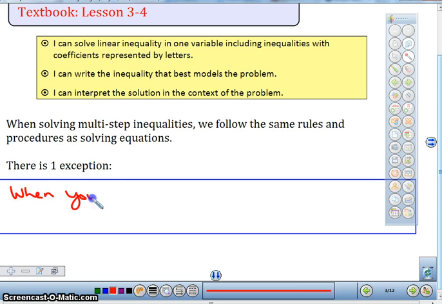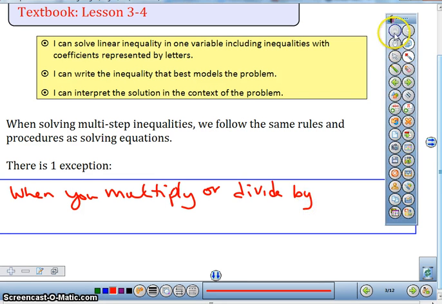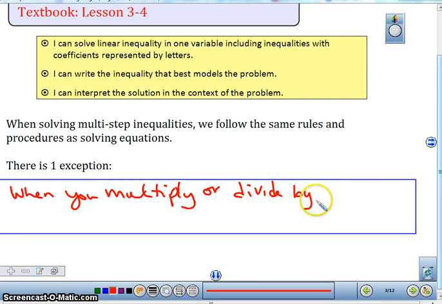when you multiply or divide by a negative number, it doesn't matter if you're multiplying, it doesn't matter if you divide.